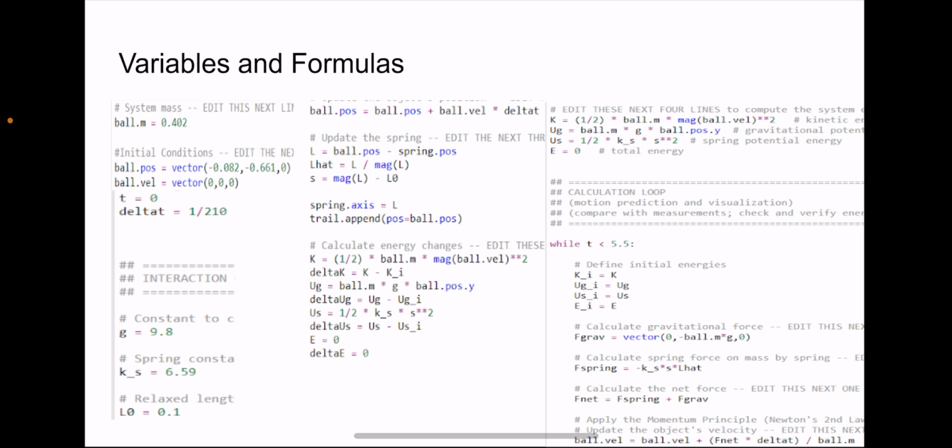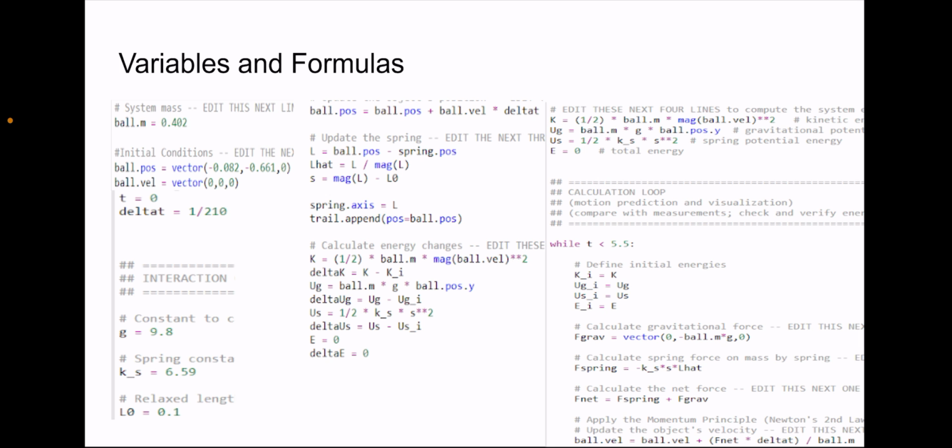Now, the variables and formulas that we're using in the lab are presented here. So we have the mass of the ball, 0.402, and the initial position from the experiment is <-0.082, -0.661, 0>. T, we're starting at 0, and our delta T is 1 over 2/10 because we want small intervals.